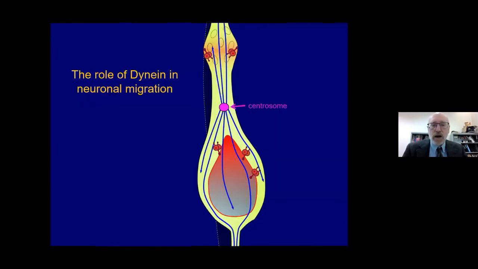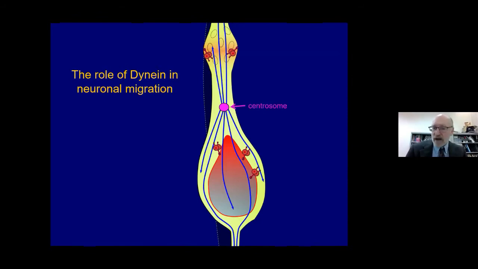Dynein is important for neuronal migration, and for that to happen, the nucleus has to move down the axon, so this is a high load event where the whole thing gets pulled, and it involves NudE and Lis1.